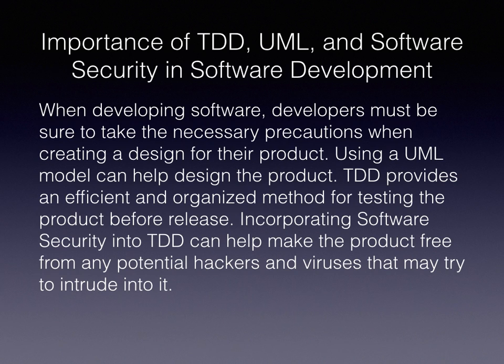TDD provides an efficient and organized method for testing the product before release, and incorporating software security into test-driven development can help make the product free from potential hackers and viruses that may try to intrude. So UML can help develop the design of a product and can be implemented into test-driven development to help with that process a little more.